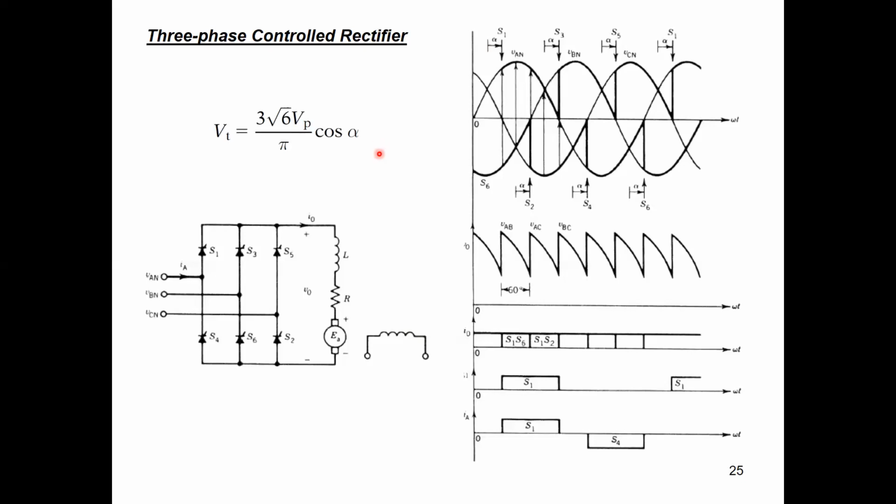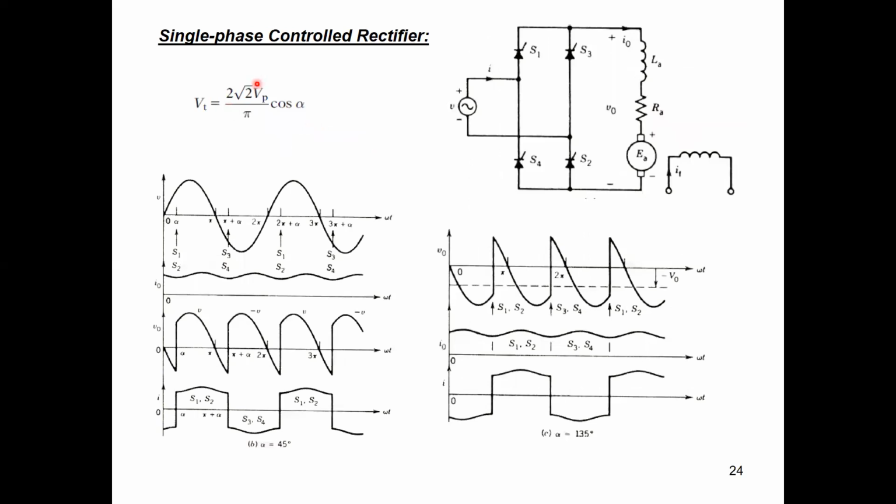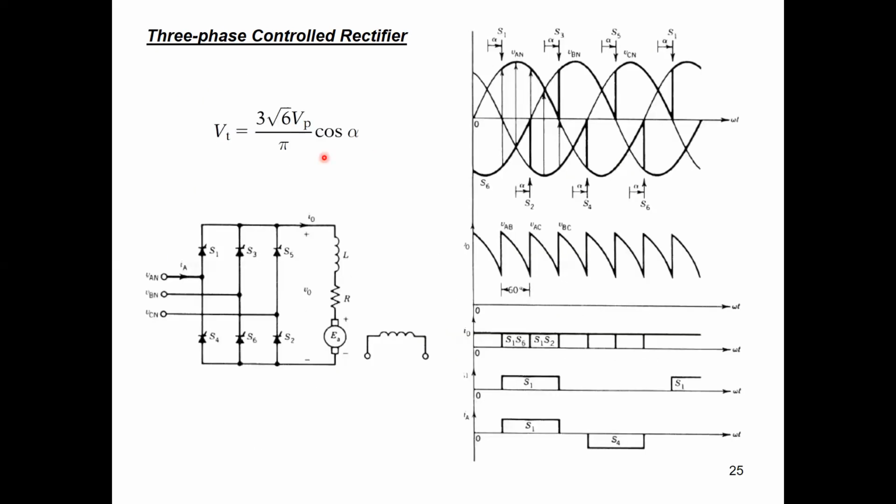As you can see, comparing this value, 3 multiplied by root 6, to single phase, which was 2 multiplied by root 2, you will find the output of 3-phase is much higher compared to single phase. So we prefer to use a 3-phase controlled rectifier when the machine power is higher. So this is the application of the 3-phase controlled rectifier, and we prefer it over single phase.